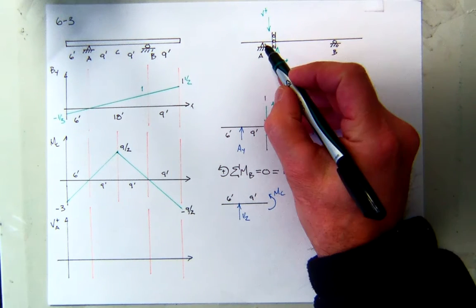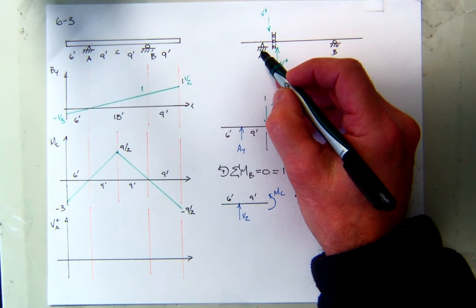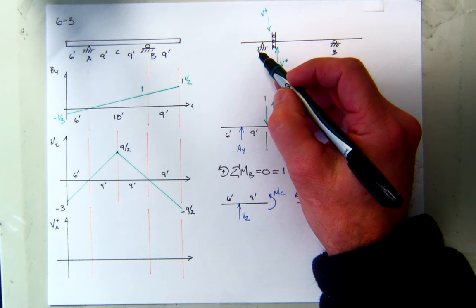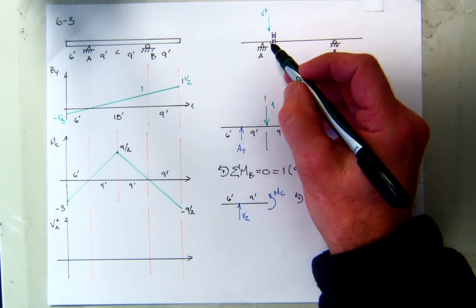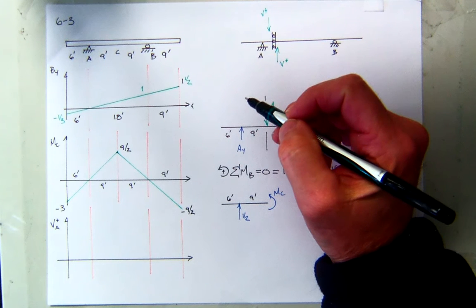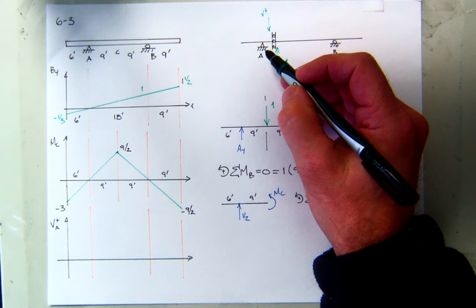Now just imagine this little moment arm here, this little lever being really, really small. As small as you can imagine. So how is this side going to behave when you push down on that really super small edge?